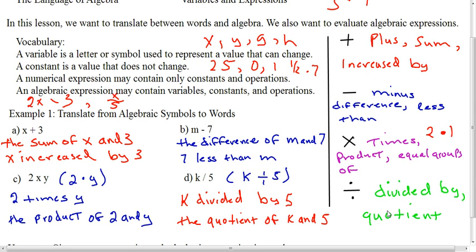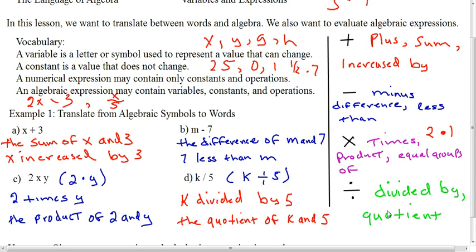So the first example I want to look at is x plus 3. So the direction says, let's translate from an algebraic symbol to words. So here it's pretty much the reciprocal of what we've done. It's giving us the actual algebraic expression, and they're telling us, well, how do we say this in words?